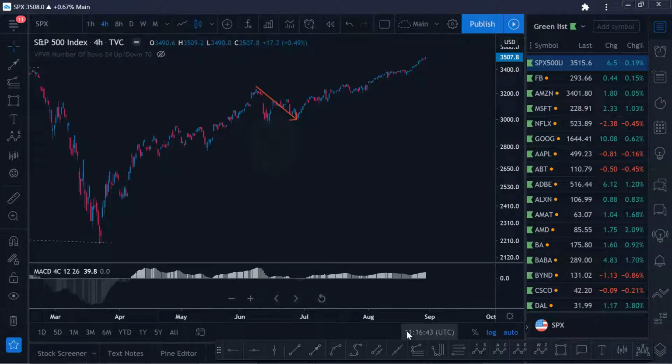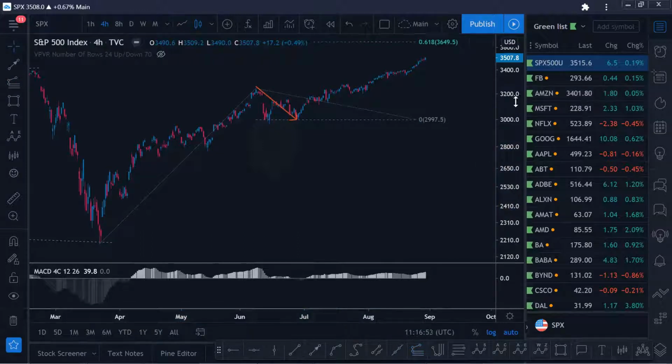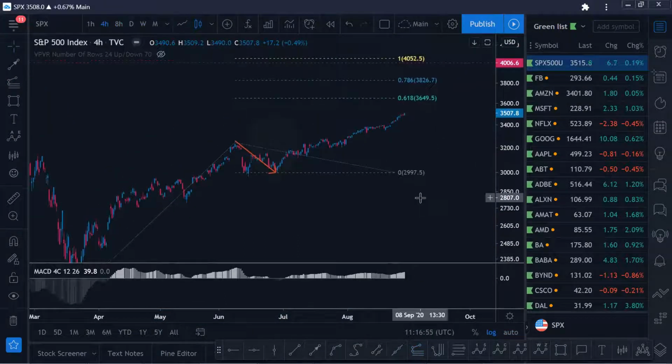So what are we looking at? What do we suspect? Okay, in its simplest form, perhaps it's a zigzag with a failed C wave. That means even in a failed stance, we have lots of room to run to the upside, with full targets being right near our 4,000 target level, which is interesting.